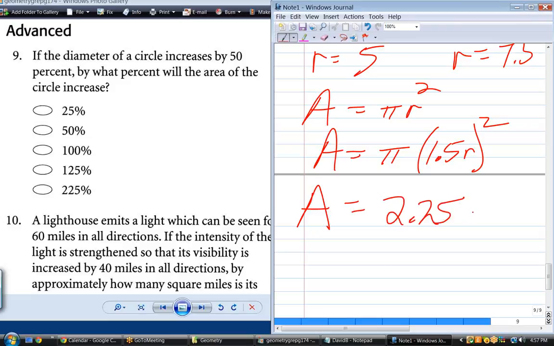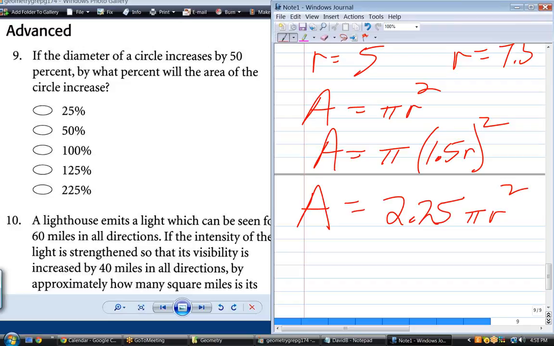Sorry, 2.25 pi. And so, assuming the original is 1, it has increased by 225%. Well, let's look at that. That's quite tricky. Oh no, 125% because of the original 100%.